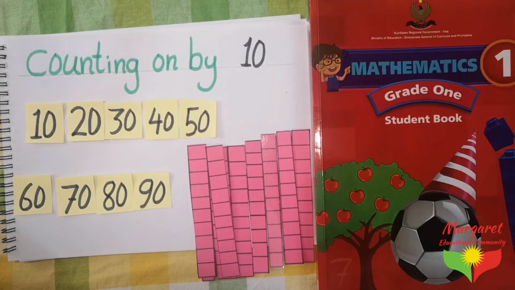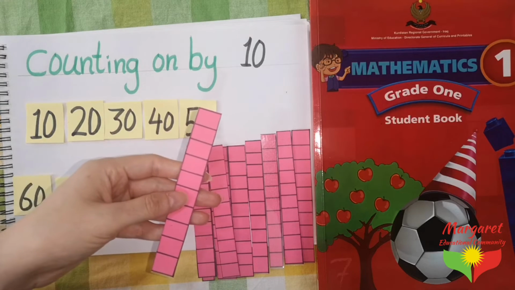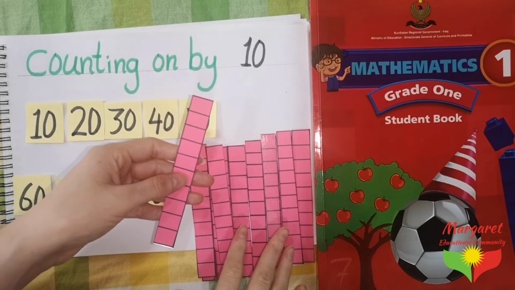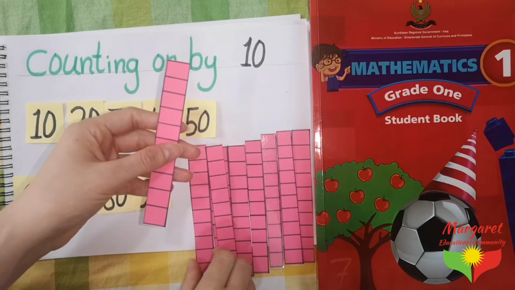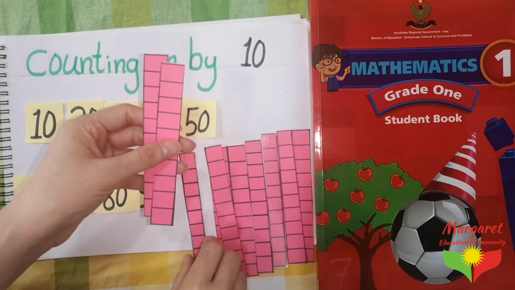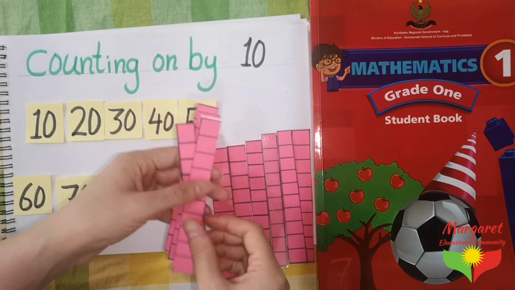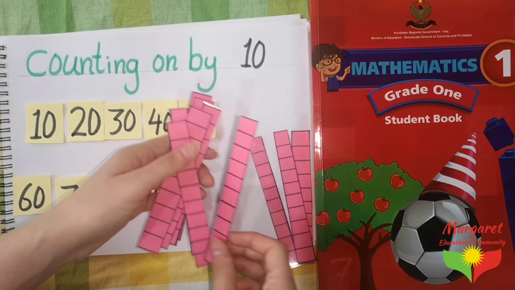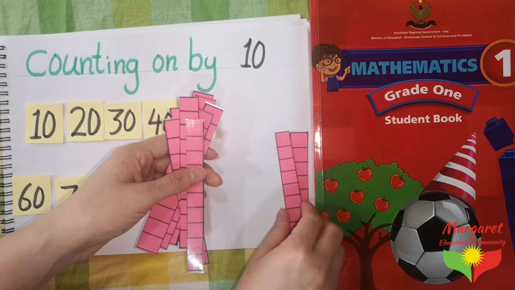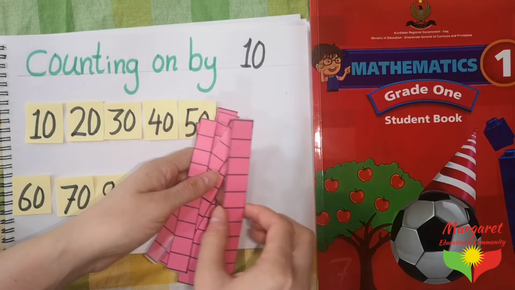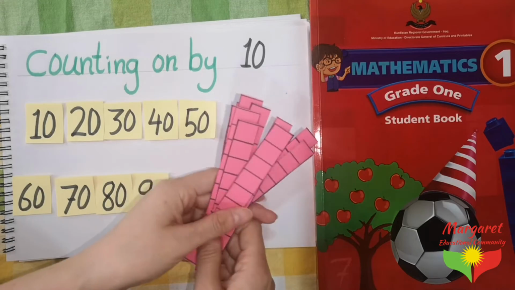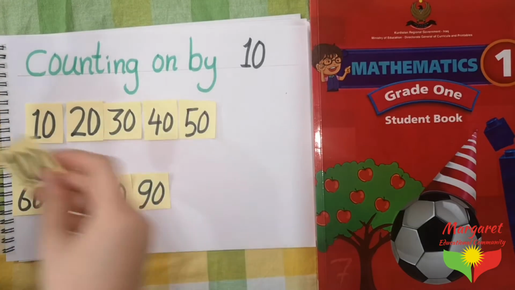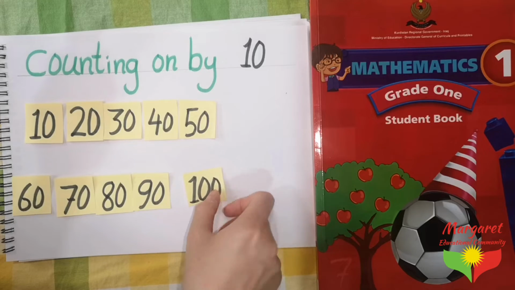If we add one more 10, how many tens place are there? There are 1 ten, 2 tens, 3 tens, 4 tens, 5 tens, 6 tens, 7 tens, 8 tens, 9 tens, and 10 tens. 10 tens is equal to 100.